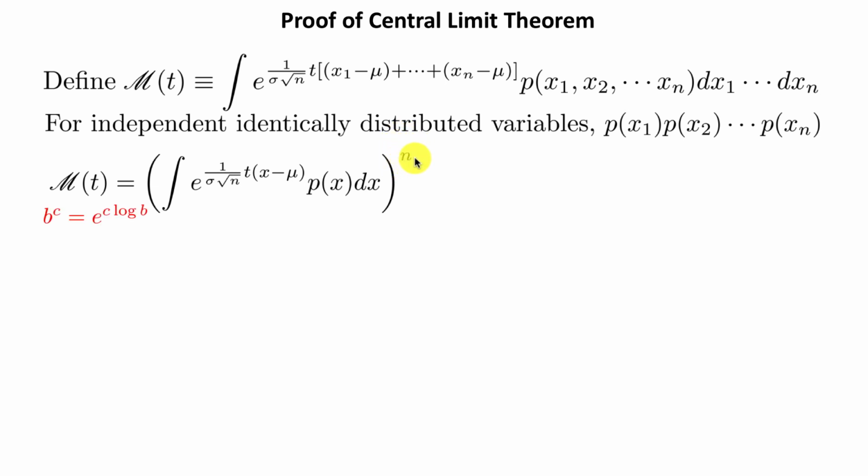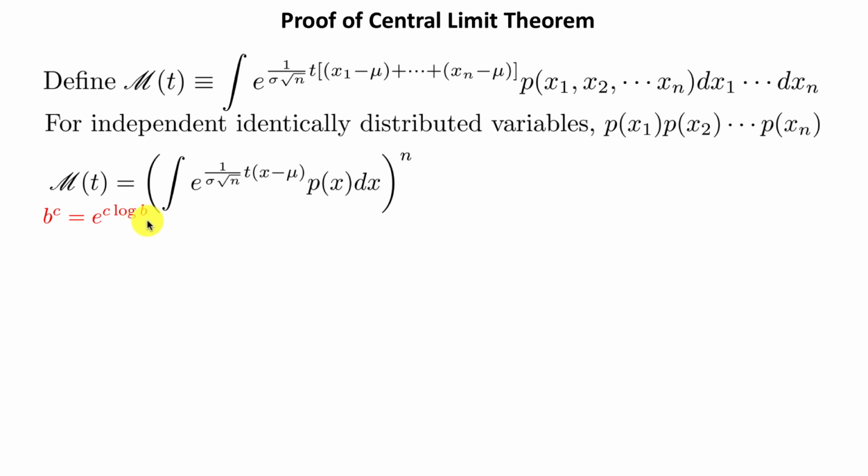I remind you now that we can always write any number b to the power c as e to the c log b. Very, very useful. And you know how to check this? Just take the log of this side, the log of this side, they're both equal.